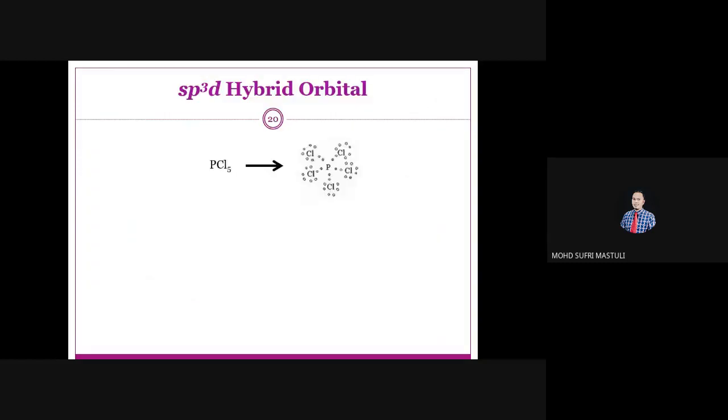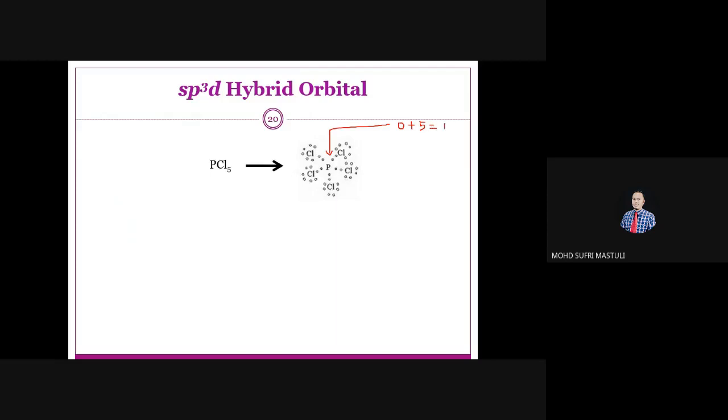Okay. We go to the second last example of hybrid orbitals, sp3d. Very same approach. Chemical formula, Lewis structure, identify the central atom, count the electron domains, in this case 0 plus 5. So it's 5.